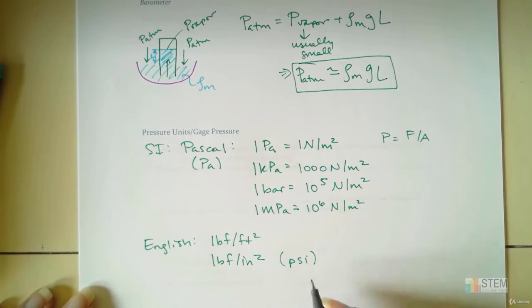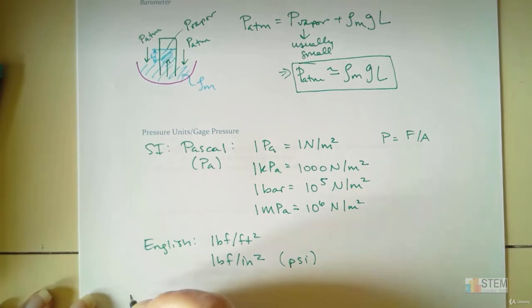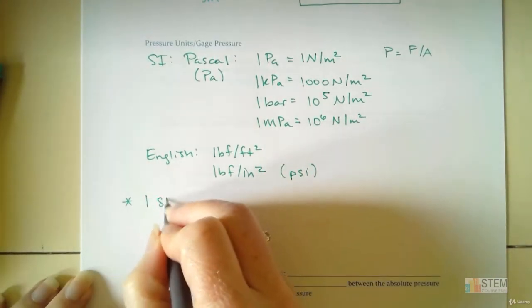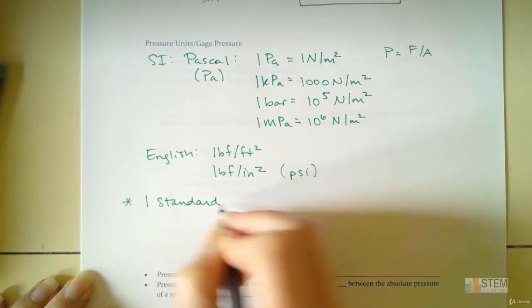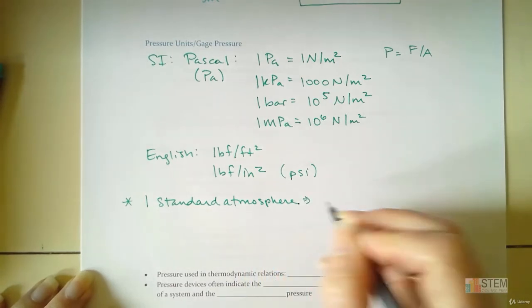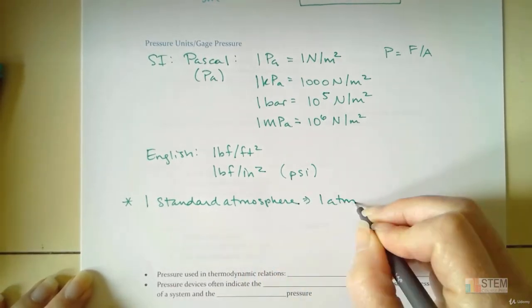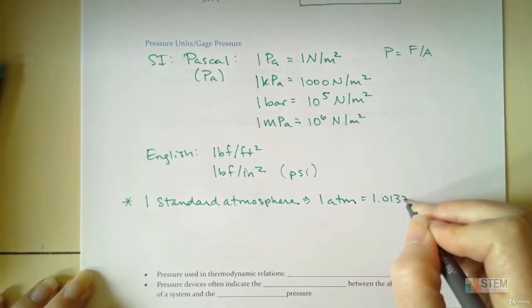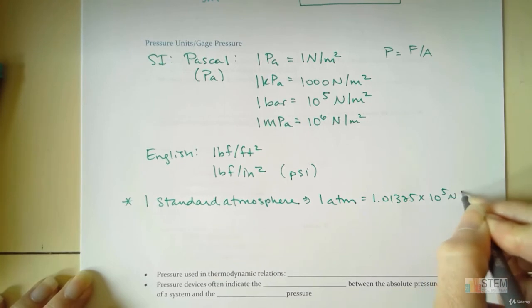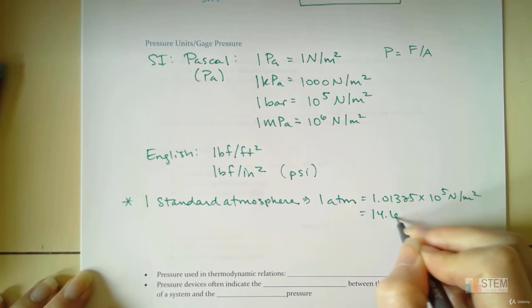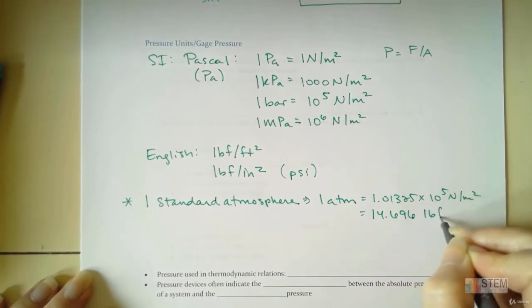Okay. Now we also have the atmospheric pressure. And you'll use this one a lot. So 1 standard atmosphere we're going to write as 1 ATM. Okay, and that's going to equal 1.01325 times 10 to the 5th newtons per square meter. That's equivalent to 14.696 psi.